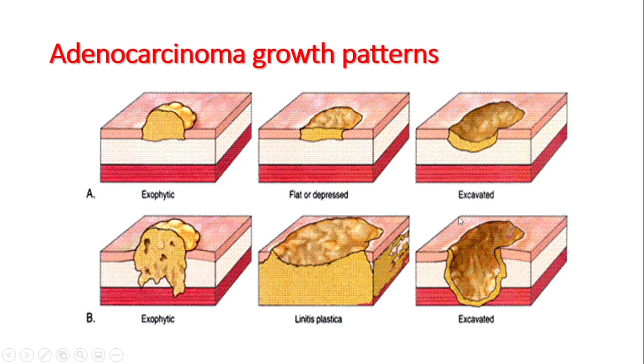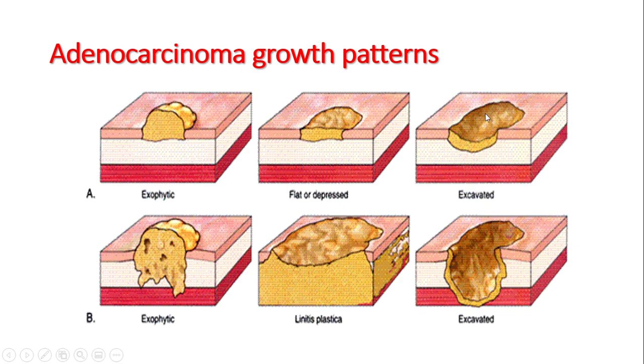Pictures showed the morphological or growth patterns of adenocarcinoma of the stomach. Exophytic, that is elevated or fungating or polypoidal, so there is intraluminal growth of a mass. Flat or depressed, or ulcerating: there is an ulcer or depressed mass into the wall.